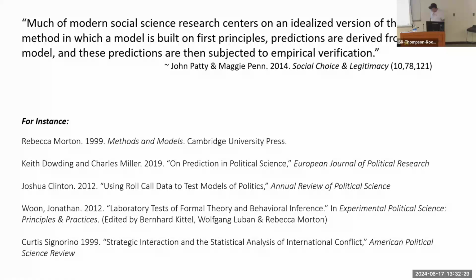And my colleague Kurt Signorino, in a really influential paper, gets us down to the nitty-gritty of what would it mean to test a strategic model where everything's interdependent with a set of causal models, logits and probits, that assume that our observations are independent. Guess what? They don't talk to one another. So there's a whole set of people out there who think that what we do with models is point and test, predict and test. And I think that that's mistaken.